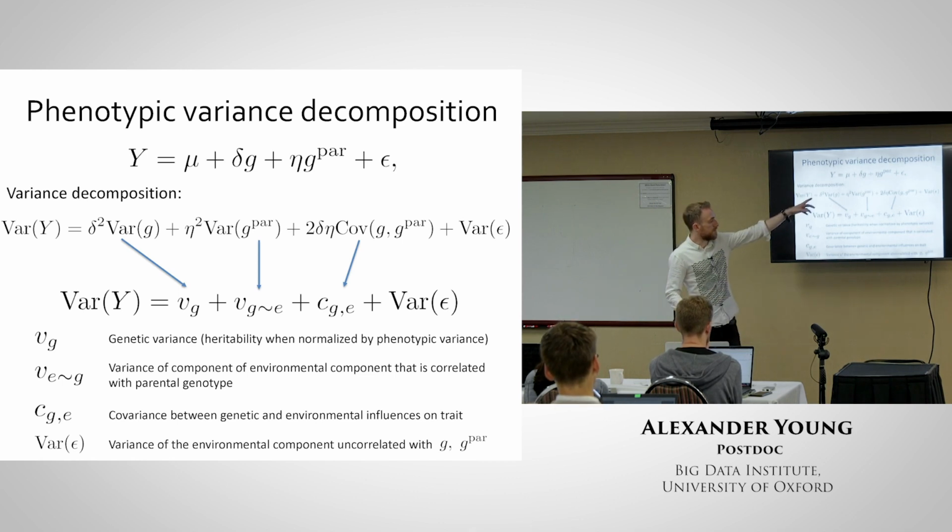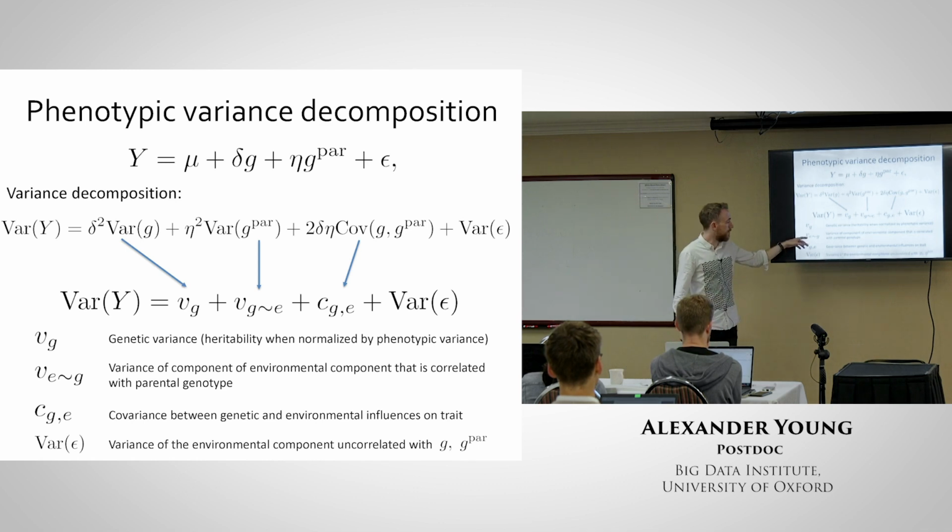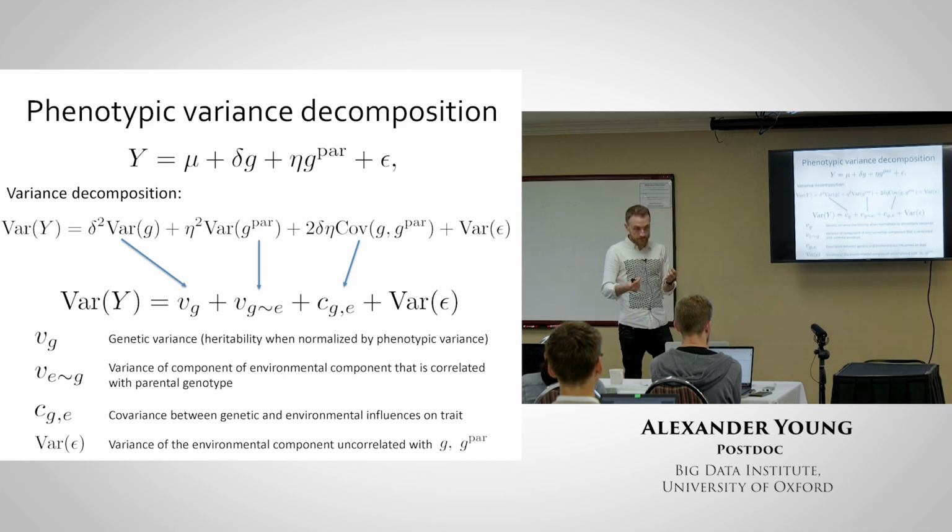But using the fact that this residual environment is uncorrelated with the phenotyped individual's genotype and their parents, you can then decompose the phenotypic variance into a genetic component that gives you the heritability when normalized by the phenotypic variance. That's the variation explained by the direct effects. Then there's this component, which is the variance of the environmental component that's correlated with the parental genotype.